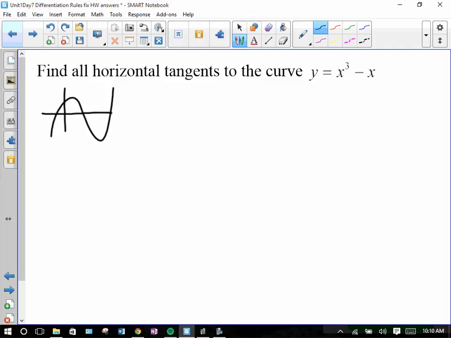The tangent line is a line that only touches the graph at one point. So this is tangent right there, because that line only touches that function at that point right there. So a horizontal tangent line, horizontal means this.